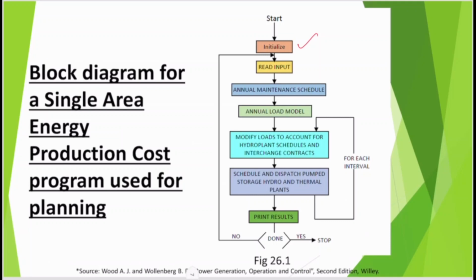Based on that, you get the load model and then modify the loads to account for hydropower plant schedule, interchange contracts and schedule, and dispatch of pump storage, hydro and thermal power plants. And then you plan what your production cost would be, considering long-term planning characteristics.